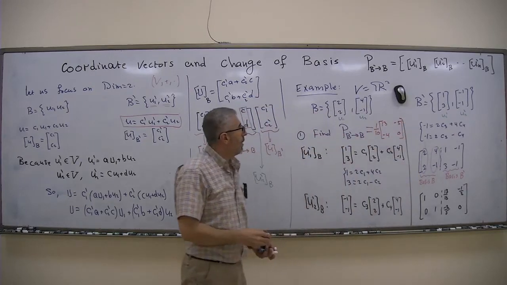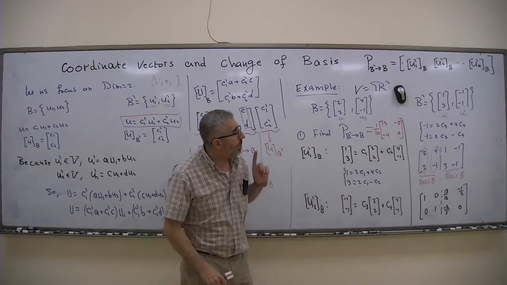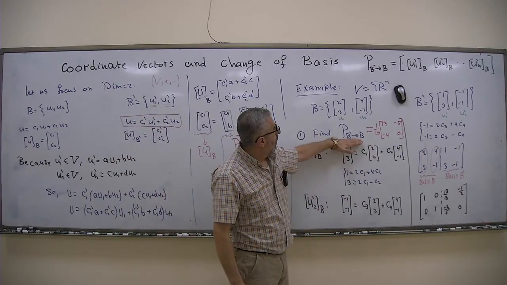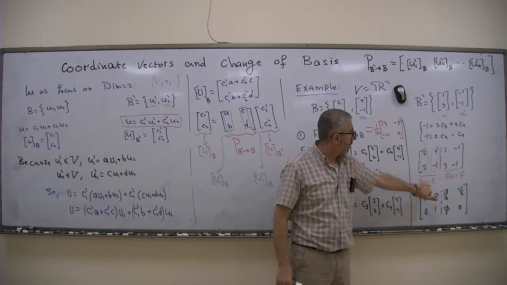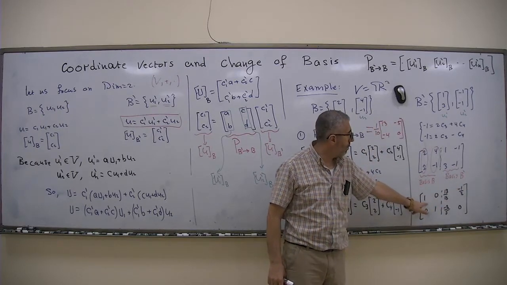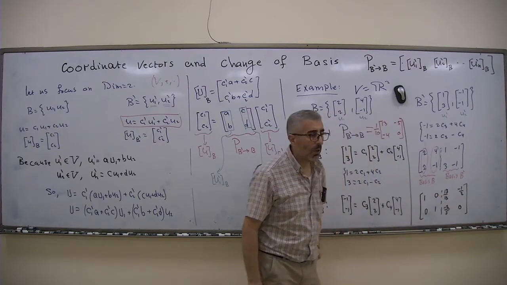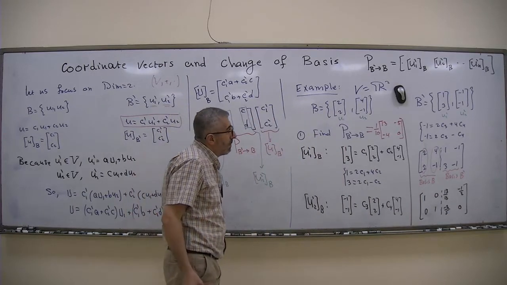This is the transition matrix that we are looking for. Again, let me repeat myself here. You can start right away from here by taking the basis B, the basis B prime, get reduced row echelon form. That will be your answer. That will be your transition matrix. Okay? So that is a shortcut.